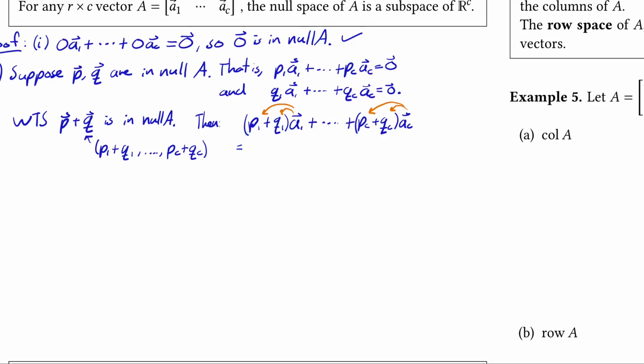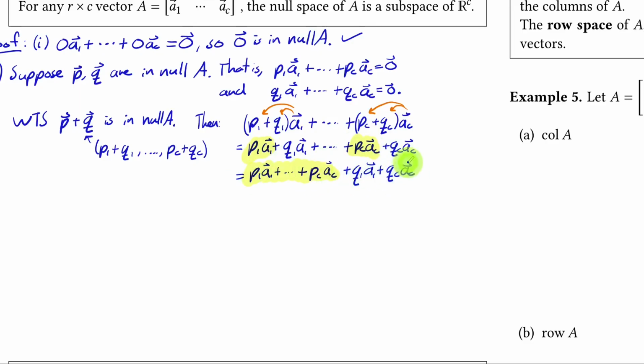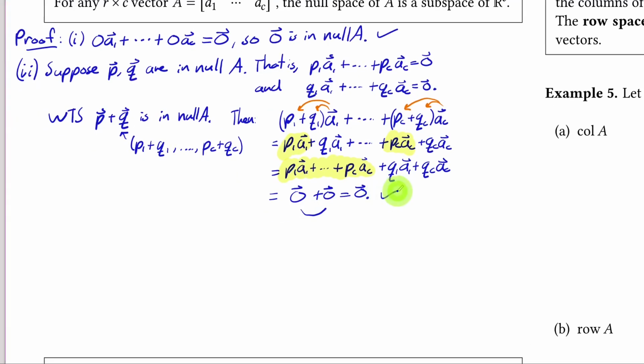And that's going to give you the following. And if you just rearrange the terms, what you get is 0 plus 0, which equals 0. Cool. Okay, so that means P plus Q is in the null space of A.